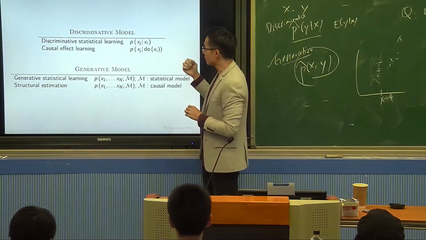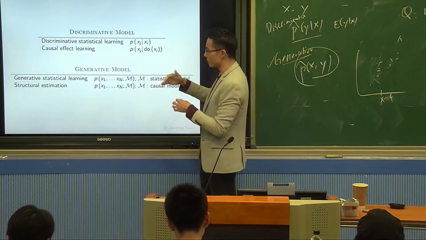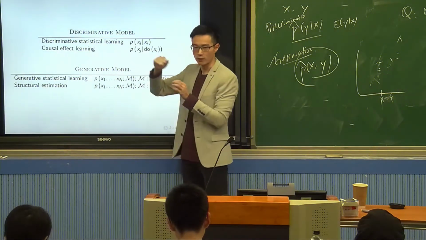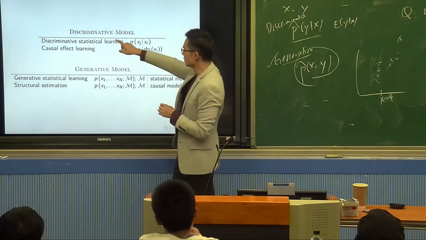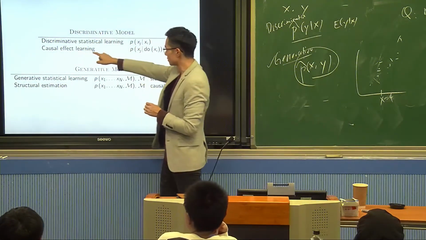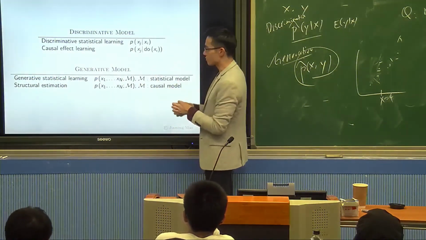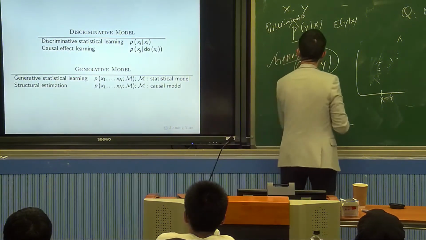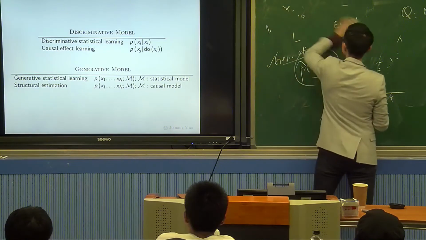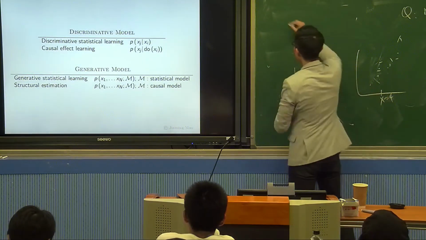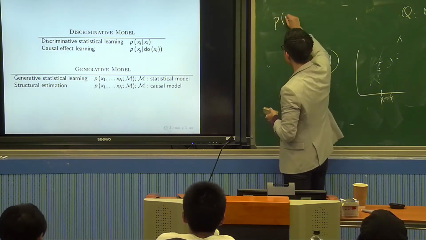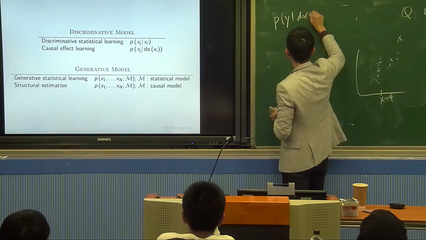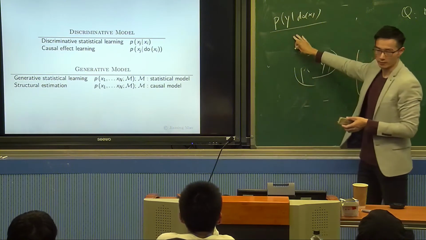Now, in causal inference, we have a similar generative versus discriminative difference. In causal inference, discriminative causal learning, which is the reduced form approach, we're only interested in estimating p(y|x). This is the only thing I'm interested in.